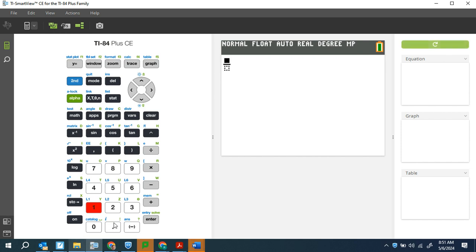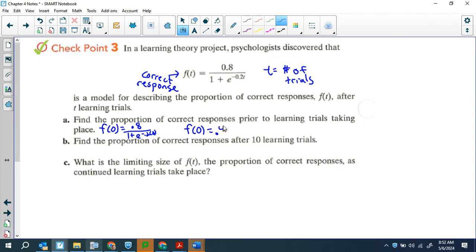And we have 0.8 on top. On the bottom, 1 plus e to the negative 0.2 times 0. We get 0.4. So again, we make that summary statement, so we can say prior to learning, there was 0.4 correct responses.